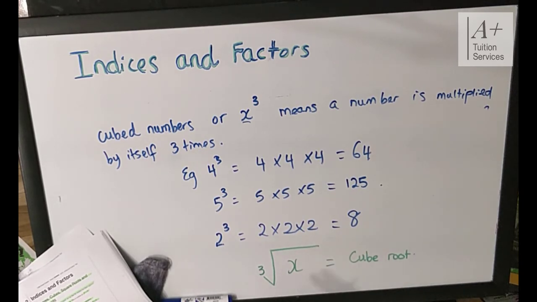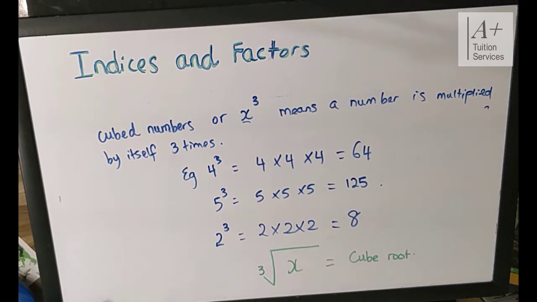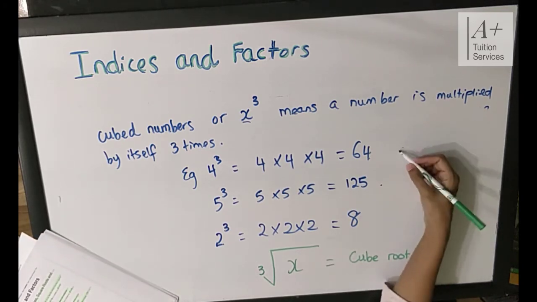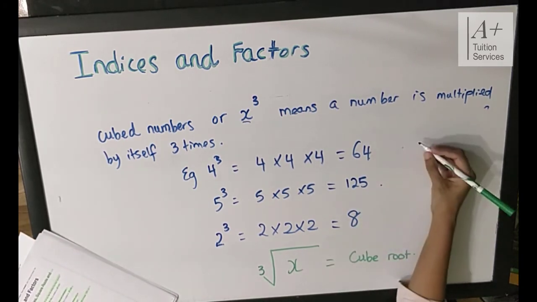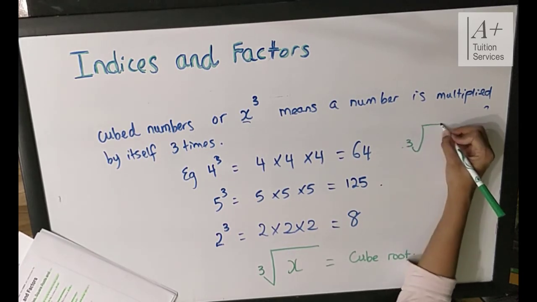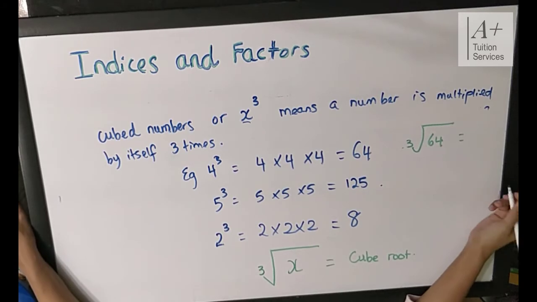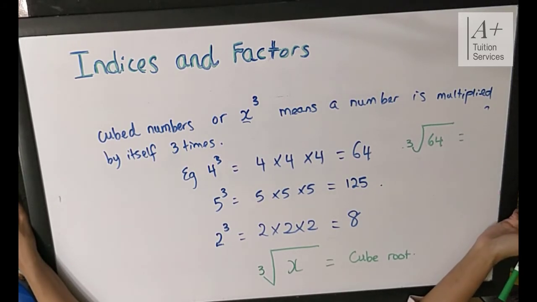So just like how we had the square root sign, we now have the cube root sign. So if I want to find the number that was cubed, I just put the cube root sign with 64 inside, right? If you type this into a scientific calculator, then you're going to get it.